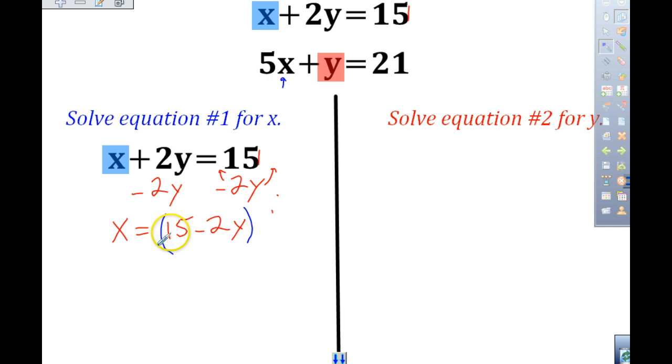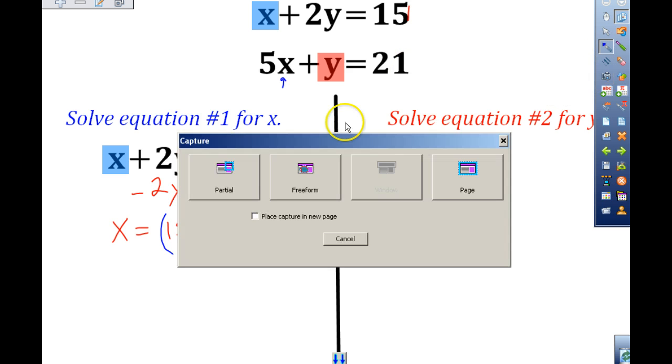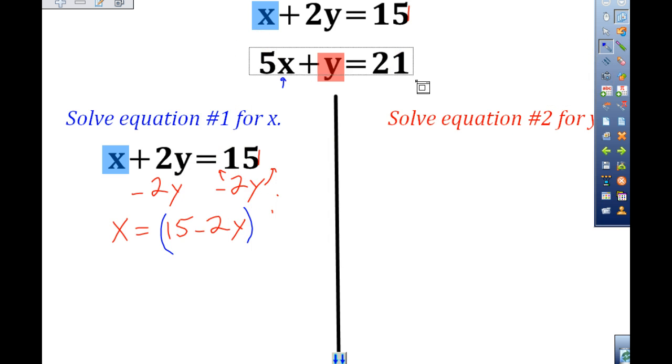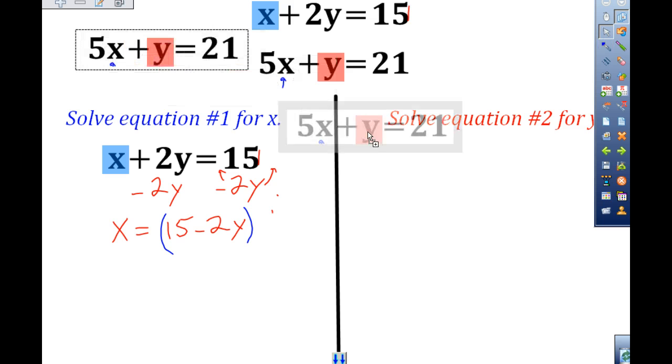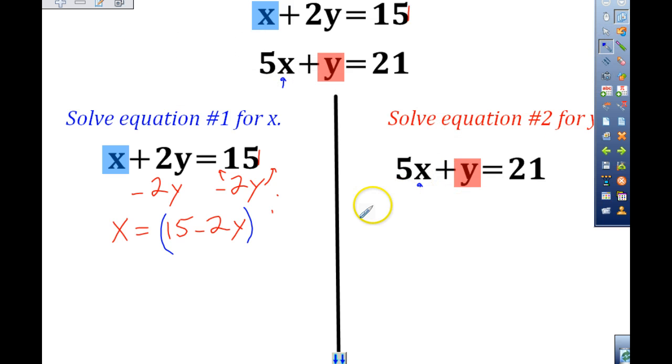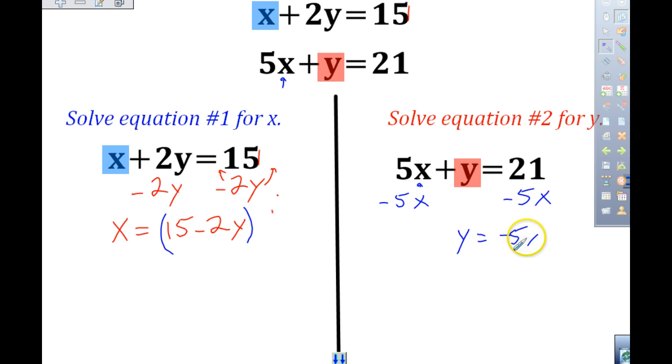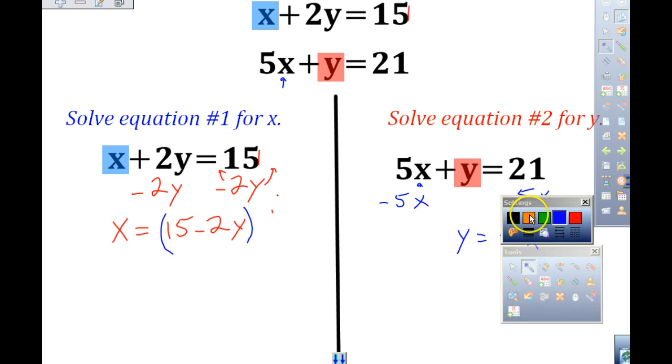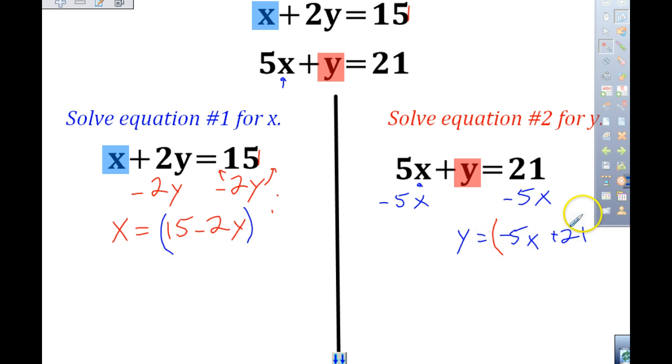So that's one possibility. As you saw on the other page, I could also instead just solve the second one for y, and I'd also have a variable by itself, and I could plug this one right here into the top equation for y.